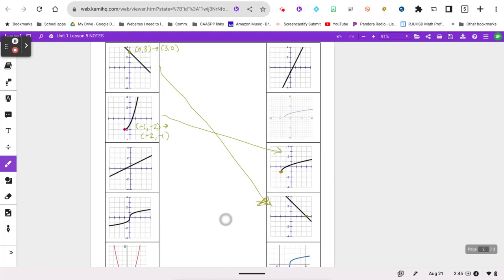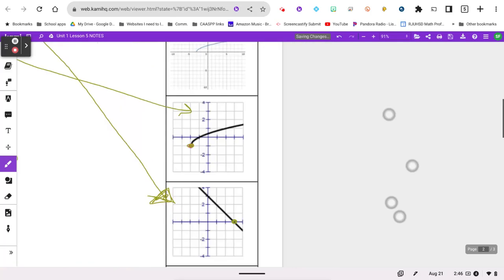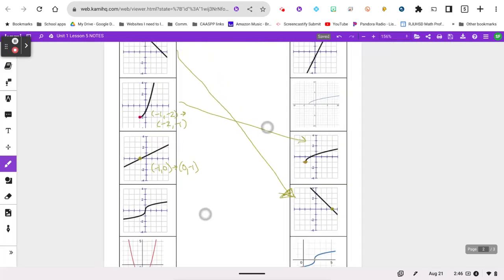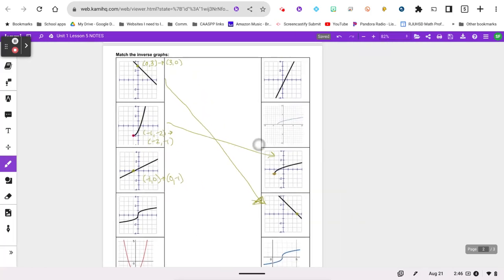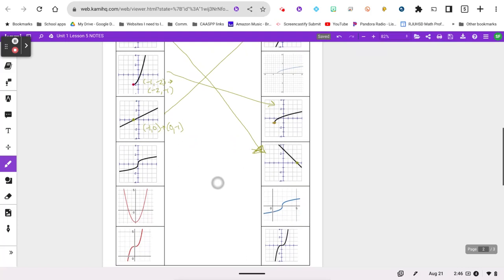If we go to this one, we can see this point is negative 1, 0. We know it should be 0, negative 1. And if we keep looking, we can see that it is going to meet right here. That's 0, negative 1, right there.